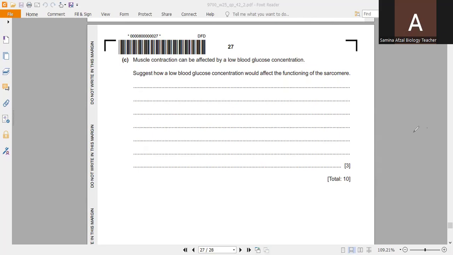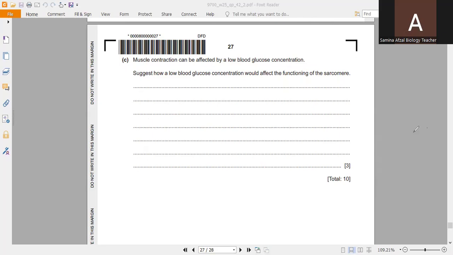ATP is specifically required to break the cross bridge between the myosin head and the actin filament. Without sufficient ATP, myosin heads remain bound to actin, preventing the resetting of the sarcomere for the next power stroke. ATP hydrolysis provides the energy for the myosin head to cock back into its high energy state.